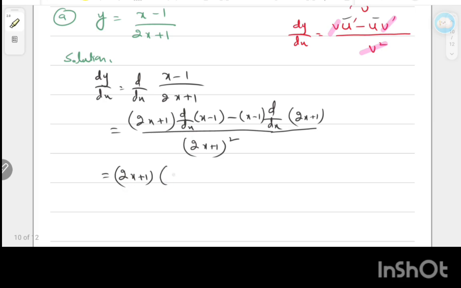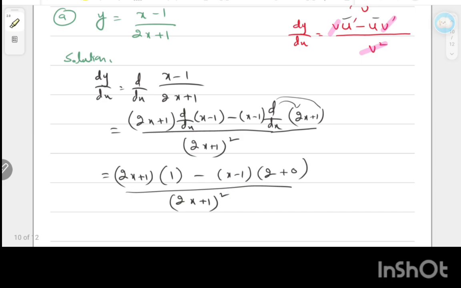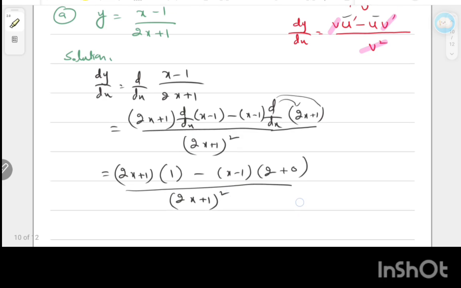Now further we have to solve. What's the derivative of x? The derivative of x is 1, and the derivative of 1 is 0, so we write only 1. For 2x + 1, the derivative is 2, and then the derivative of 1 will be 0. We have (2x + 1) squared.